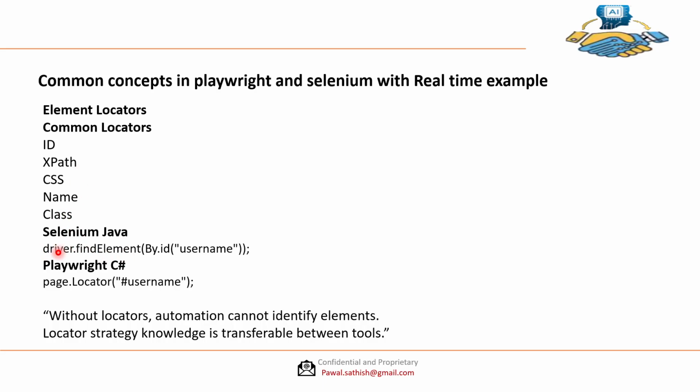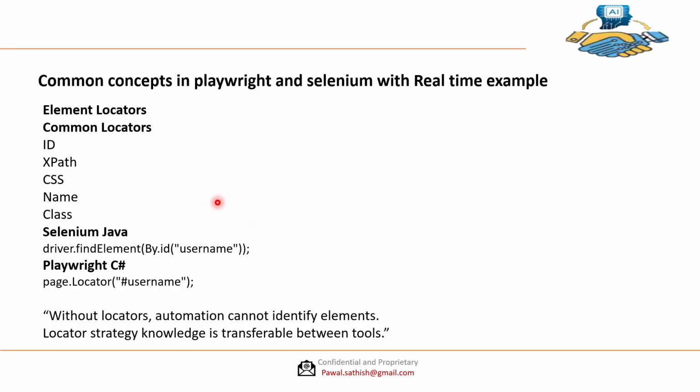The syntax in Selenium Java is driver.findElement(By.id("username")), where this is the ID. In the same way, in Playwright C sharp the syntax is page.Locator and the username. As we know, without locators automation cannot identify elements, so locator strategy knowledge is transferable between the tools.